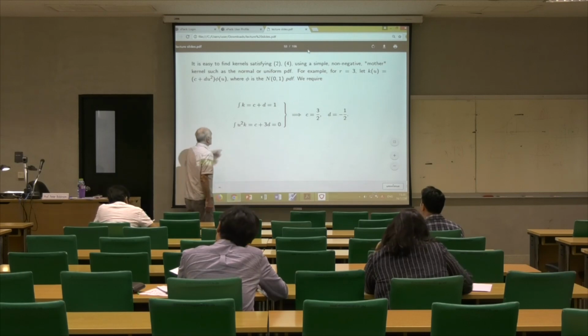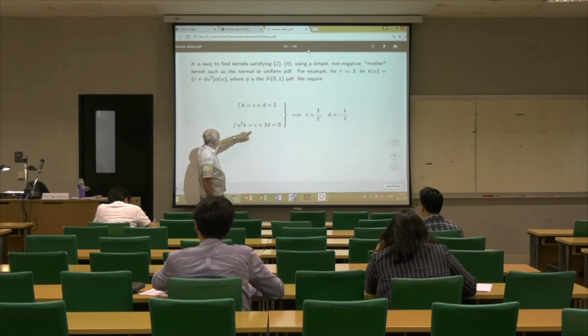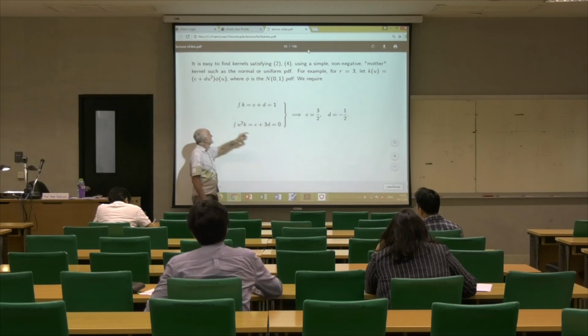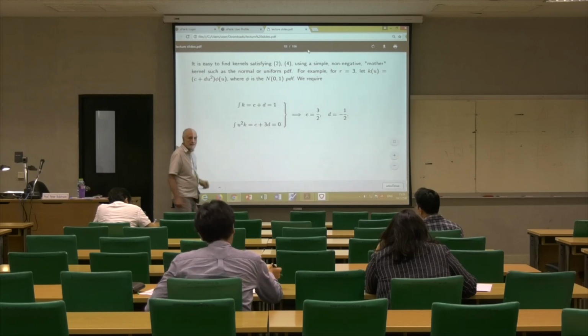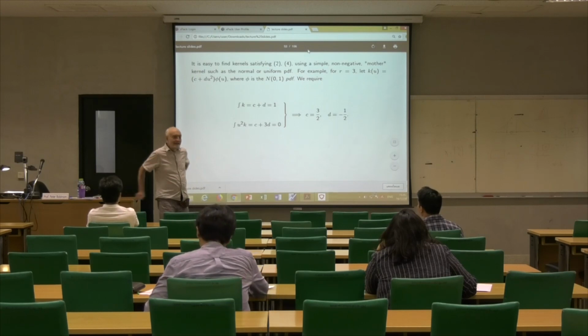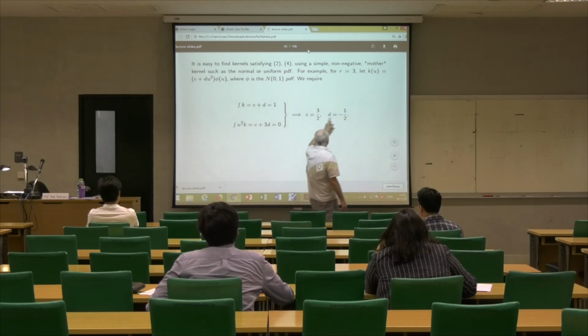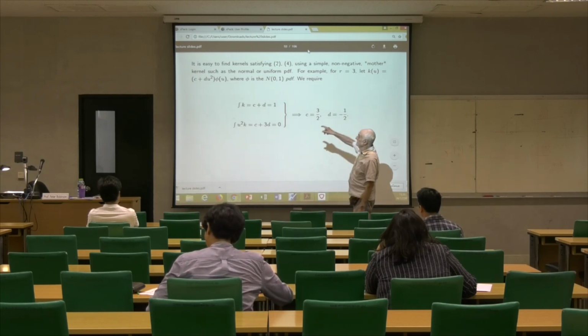Likewise, this is the second property, the higher order kernel property. Again, for the same reason we get c, because the integral of u squared phi is 1. And then we get a 3 here because we have the fourth moment of a normal coming in. The fourth moment of the standard normal is 3. You have to believe me there. So you just solve that out, and you get c equals 3 over 2 and d equals minus a half.